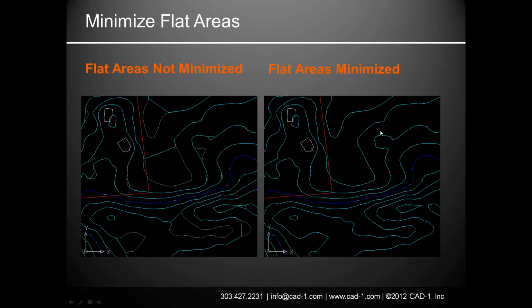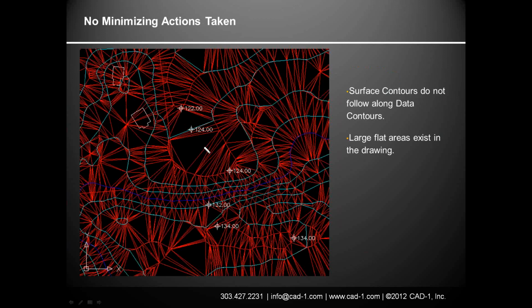So what on earth is going on here? Well, what happens is, hang on just a second, I'm going to change the color here, when Civil 3D comes through and triangulates the contours, it just uses that Delaunay triangulation method that we talked about, and it does it the way the program tells it to. So here I've got a contour that's at 122, up here I've got a contour that's at 124, and these triangles connect together on the same contour.